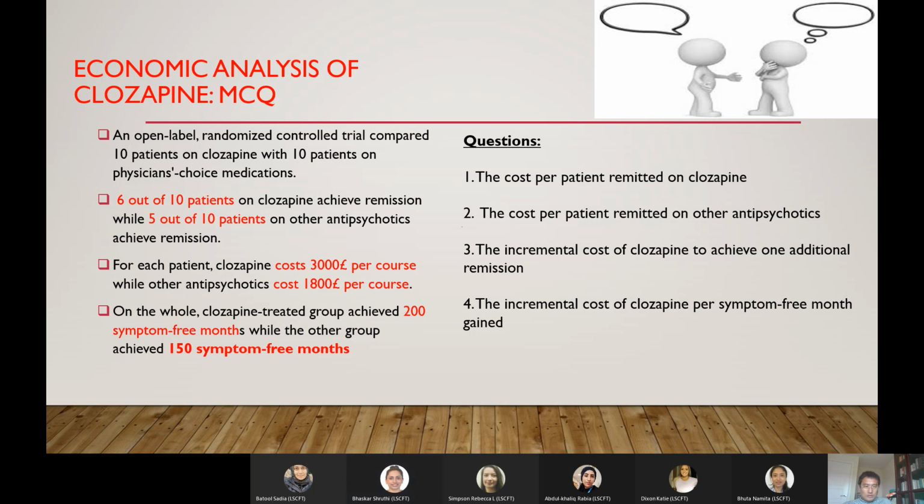The money for clozapine, you multiply by 10 divided by 6. That gives the cost per remission on clozapine. For the other antipsychotic, this is the money for the other antipsychotic, multiply by 10 divided by 5. That will give you the answer. Are we clear with the first and the second? Yeah.